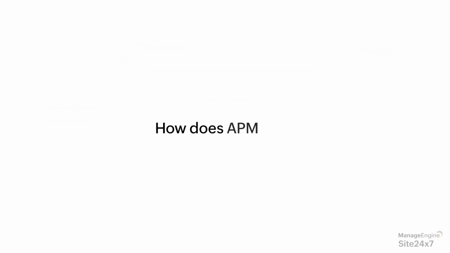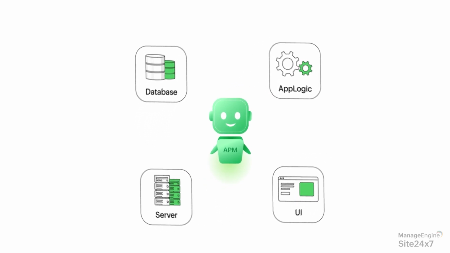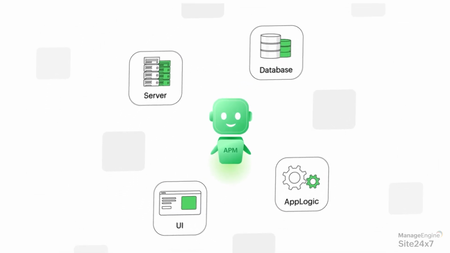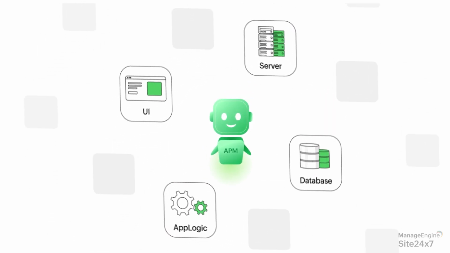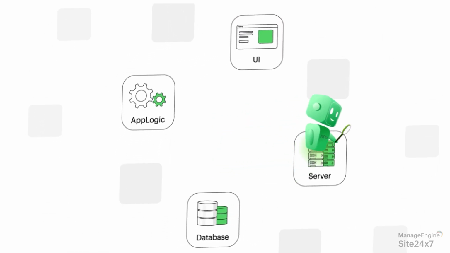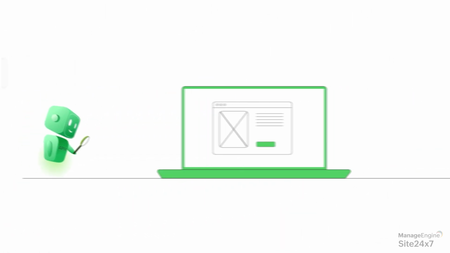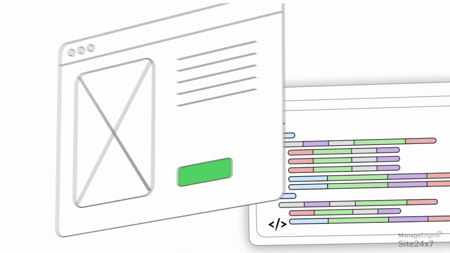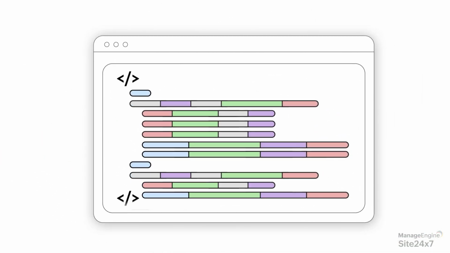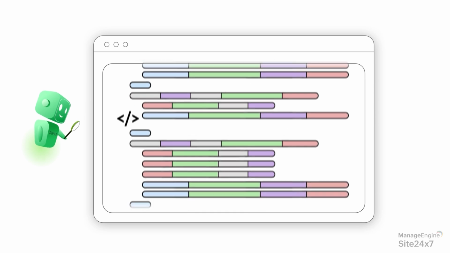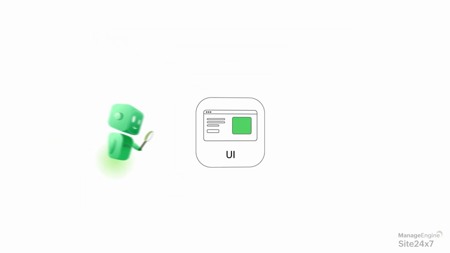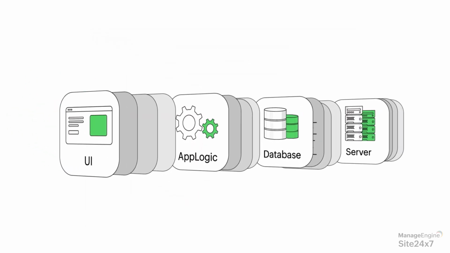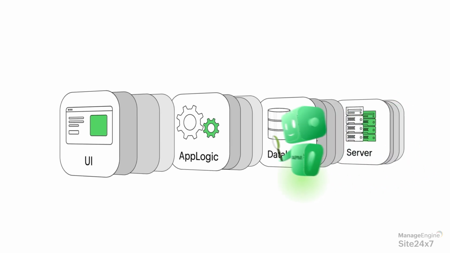How does application performance monitoring work? APM tools typically use instrumentation, lightweight agents or SDKs integrated into your application. These agents record the performance of different components. For example, when a user sends a request, the application performance monitoring tool captures a trace of that request as it travels through the system, from the front-end server through the application logic into a database query and back again.